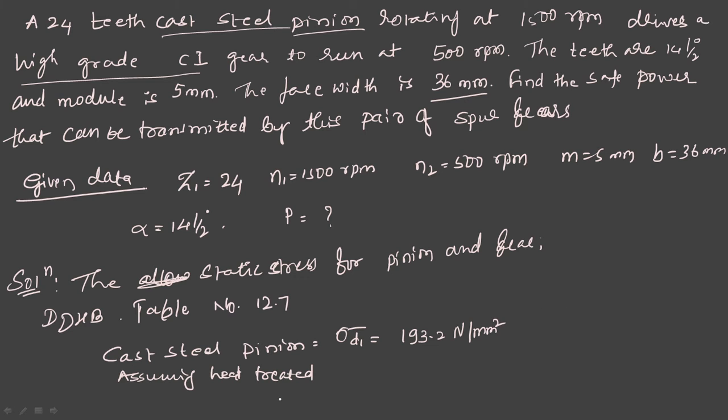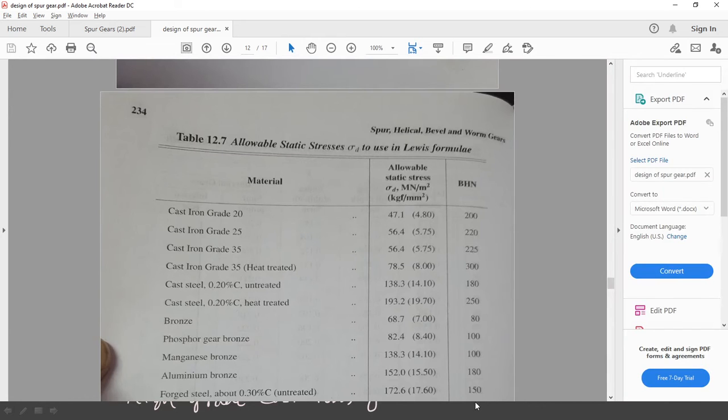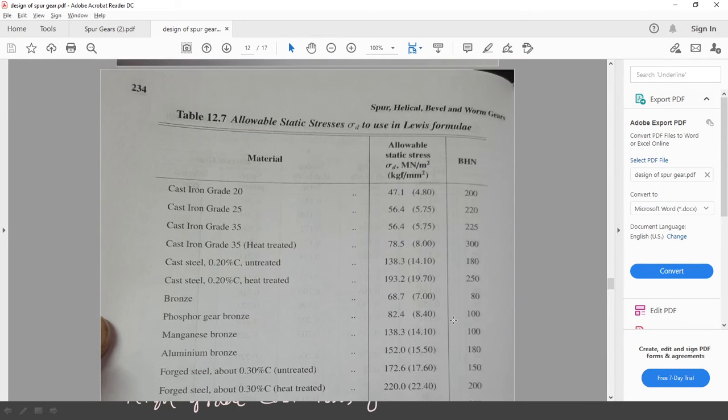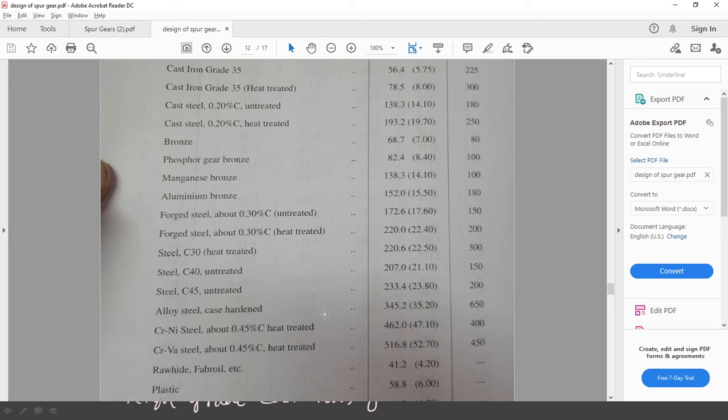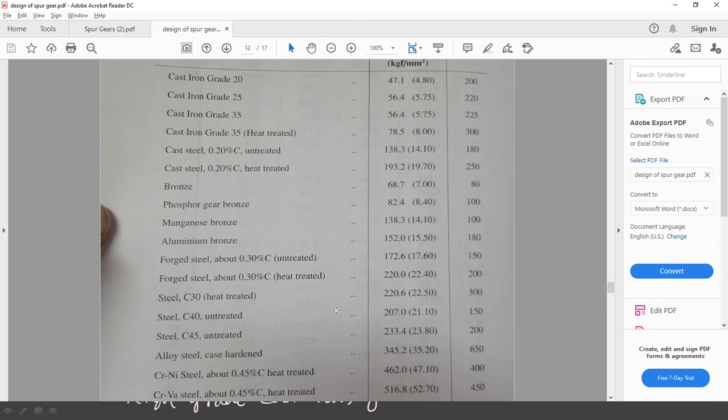Next, high grade cast iron gear is sigma d2. Refer to cast iron grade 35 heat treated, so 78.5.